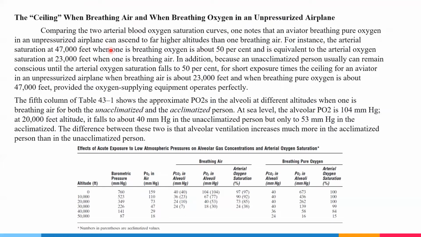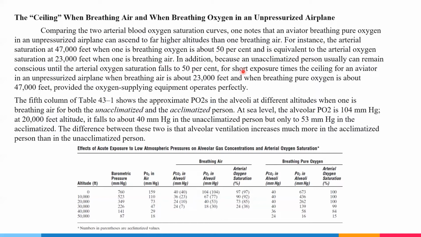For instance, the arterial saturation at 47,000 feet when one is breathing oxygen is about 50% and is equivalent to the arterial oxygen saturation at 23,000 feet when one is breathing air.